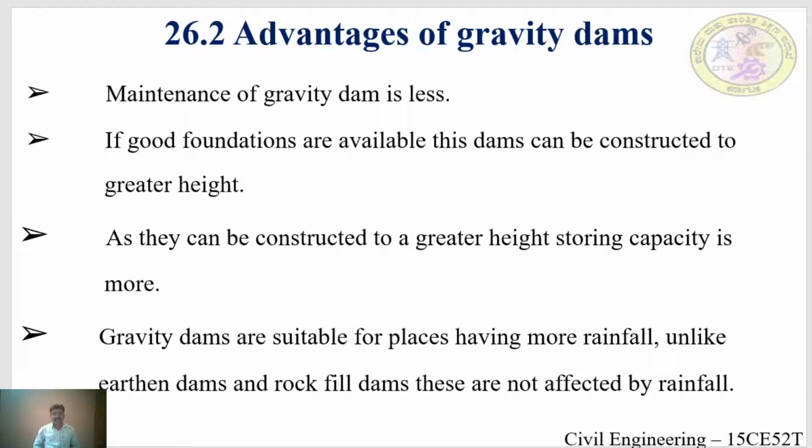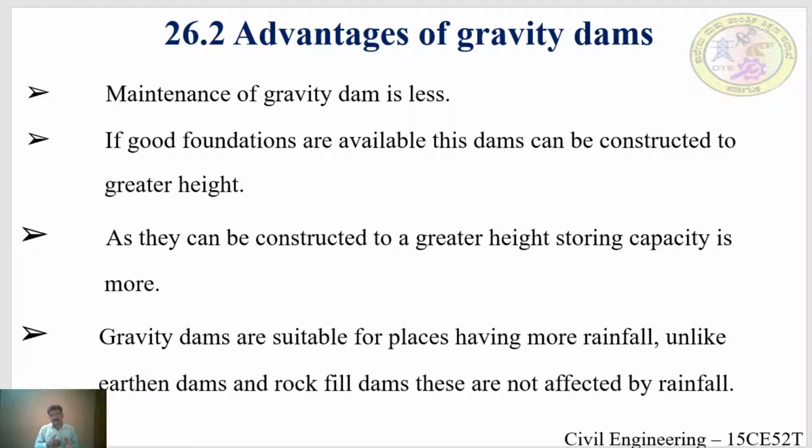As they can be constructed to greater height, the storage on the upstream side increases. Gravity dam is also suitable for places where more rainfall is there, since it's a concrete dam. This is a solid dam. Therefore, no leakages are there, and also it is unaffected by the atmospheric agencies.